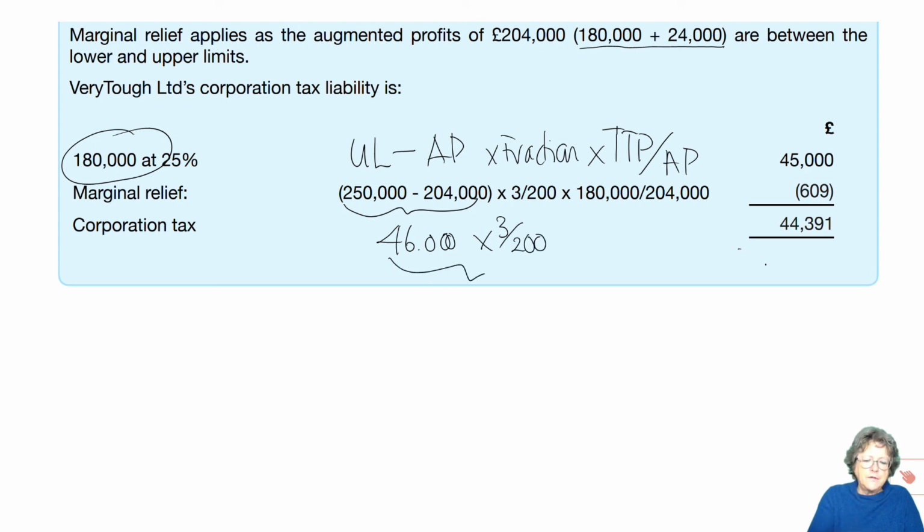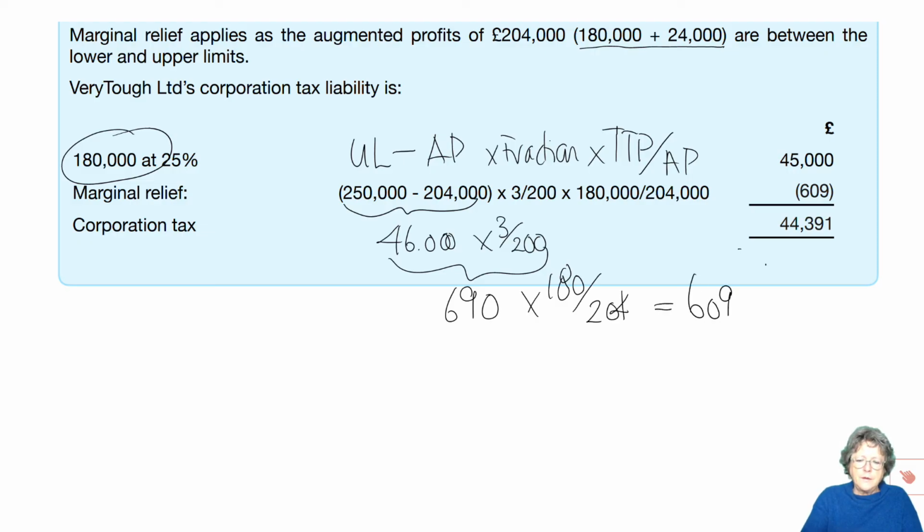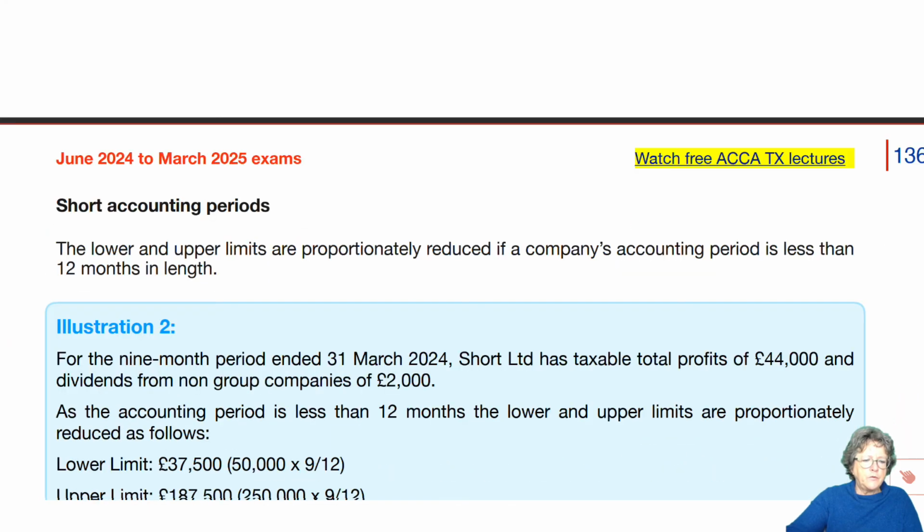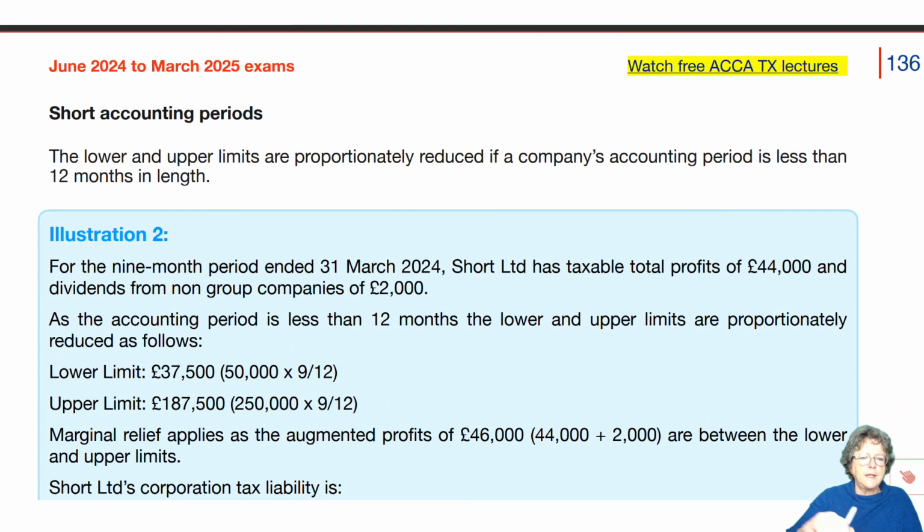That then gives us 690. Now, we are then going to multiply that by 180 over 204, which will give us 609. Show every working as you are doing it and deal with it accordingly. Okay, so let's move on to what happens if we have a short accounting period.